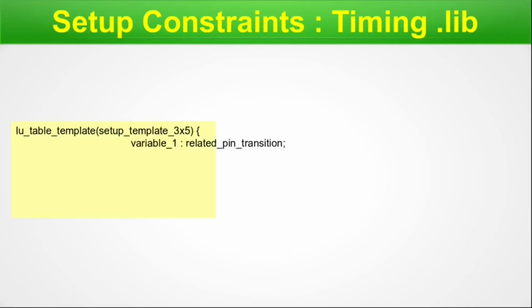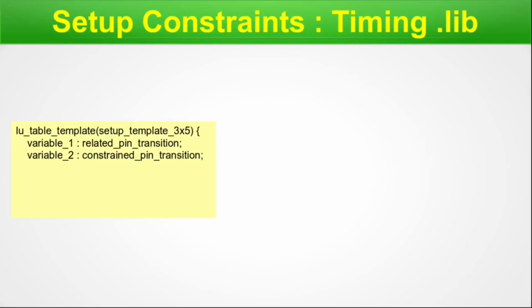So let me bring up the text. LU table template, setup template. The name is setup template and the dimension is 3 by 5. Variable 1, related pin transition. Variable 2, constrained pin transition.